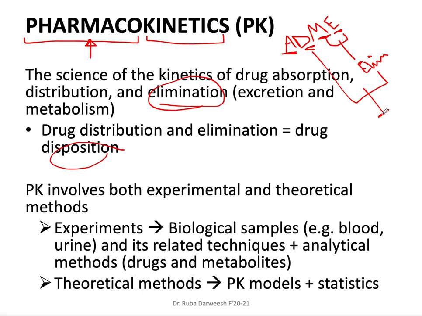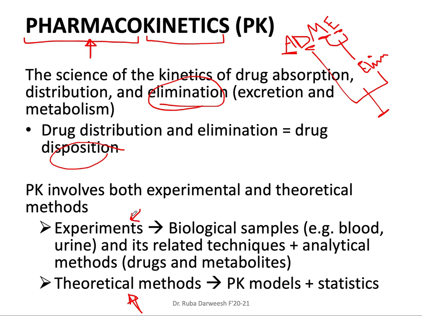When we study kinetics, usually we do the biopharmaceutics part of the study. We understand some of the things that are related to the drug, and we expect what we will have in the body. Then we will do the pharmacokinetic study, which includes two main parts: the experimental part and the theoretical part, or the experimental methods and the theoretical methods.